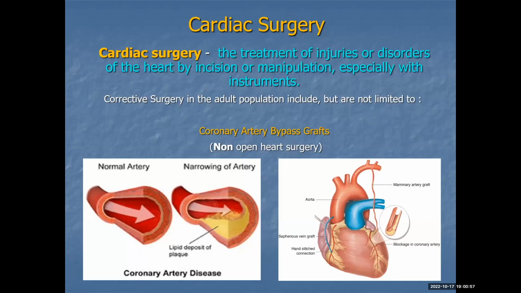A little bit of background, because I'm not sure where you're all from or what exposure you've had to cardiac surgery. As you probably know, cardiac surgery is the treatment of injuries or ailments of the heart through incision, manipulation and using a series of instruments.